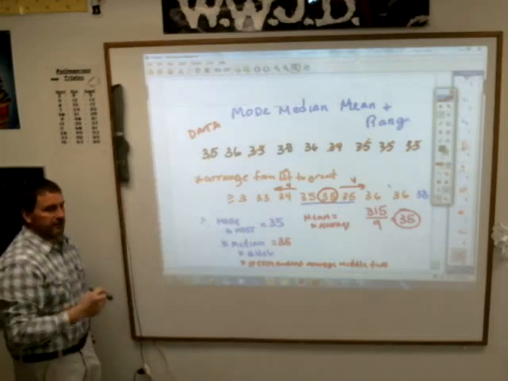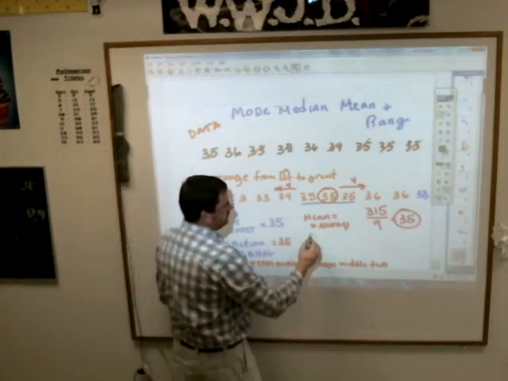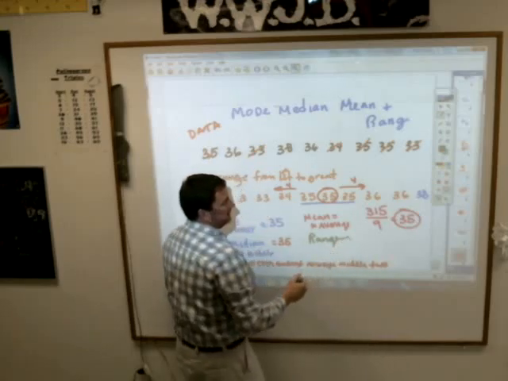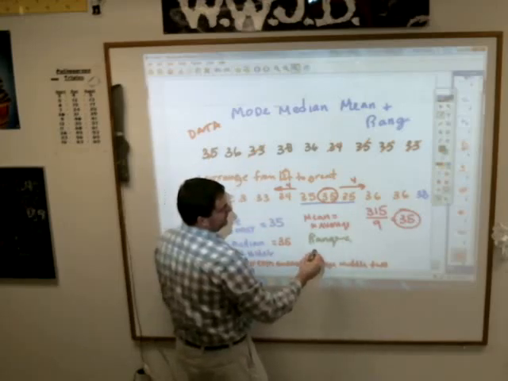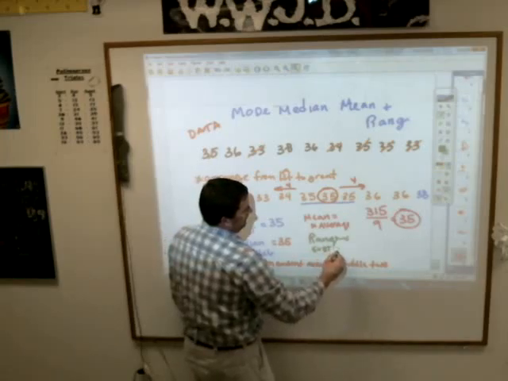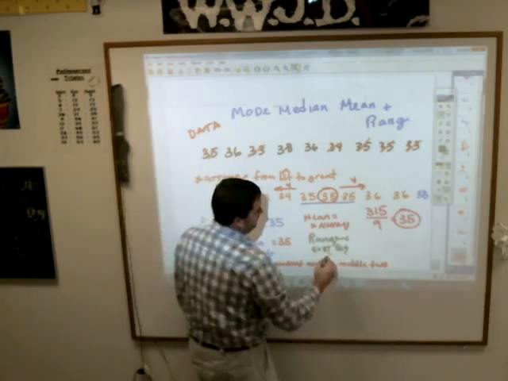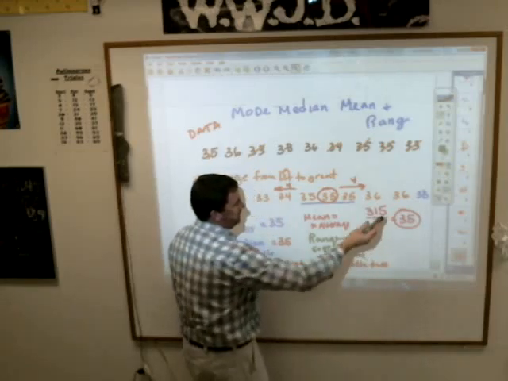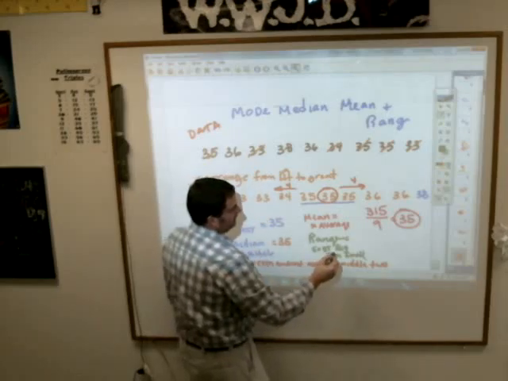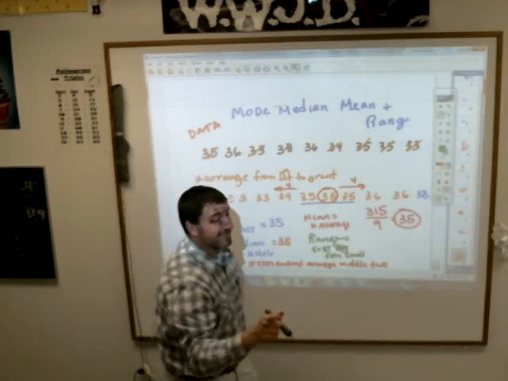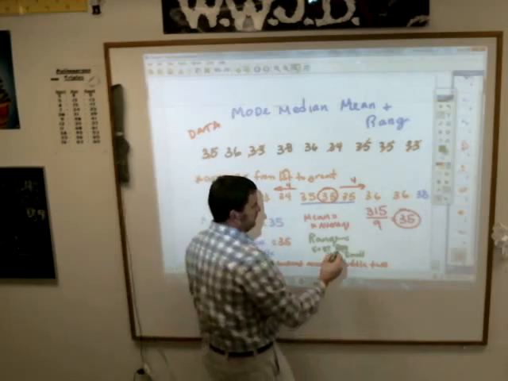And then the last one is the range. The range is the easiest one of all, because you just subtract the smallest from the biggest. Subtract small from big. Well, you could subtract the big from the small and then take its opposite, but we won't do that.